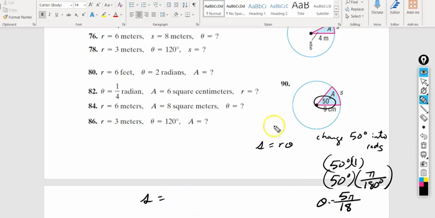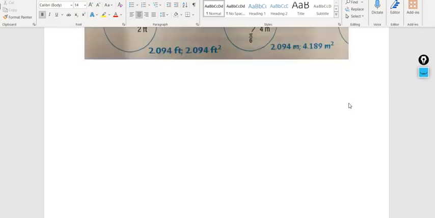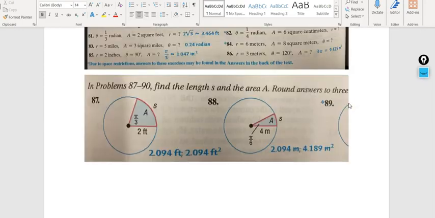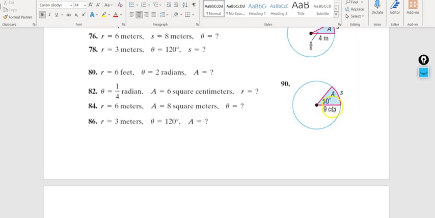So S is going to be R, which is 9, times 5 pi over 18. And 18 is 2 times 9. So the exact length of S is 5 pi over 2, which you can type into WebWork. So let's look at S for number 90. Oh, didn't have the answer to number 90 put in there. Okay, but that's how you do it.